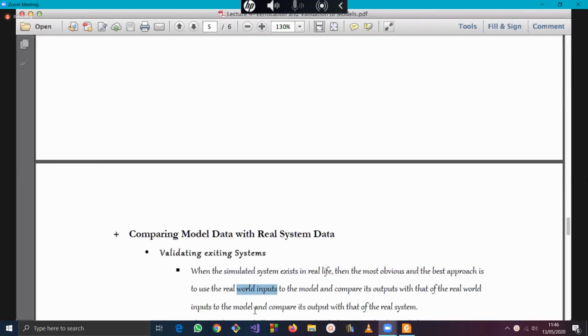So you take real world input to the model and compare its output with that of the real world. This is very important. So that is what we call validating an existing system. For undergraduates we have not been too strict, but for masters we are.